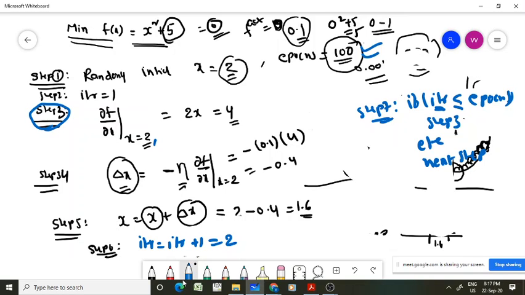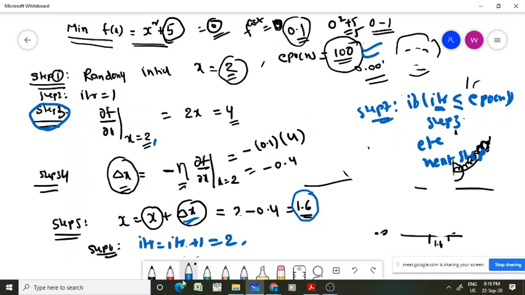Initial point x equal to 2, iteration count equal to 1, and we are calculating the gradient at x equal to 2, and we are getting the gradient 4. Now we are finding the step length based on the learning rate and the gradient. We are getting minus 4. Now I am updating my point: new x equal to x plus delta x. So it is 1.6. Now iter equal to iter plus 1.